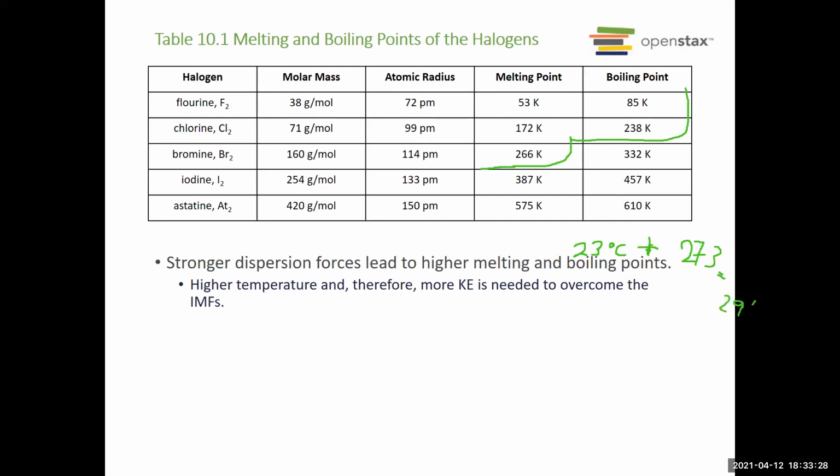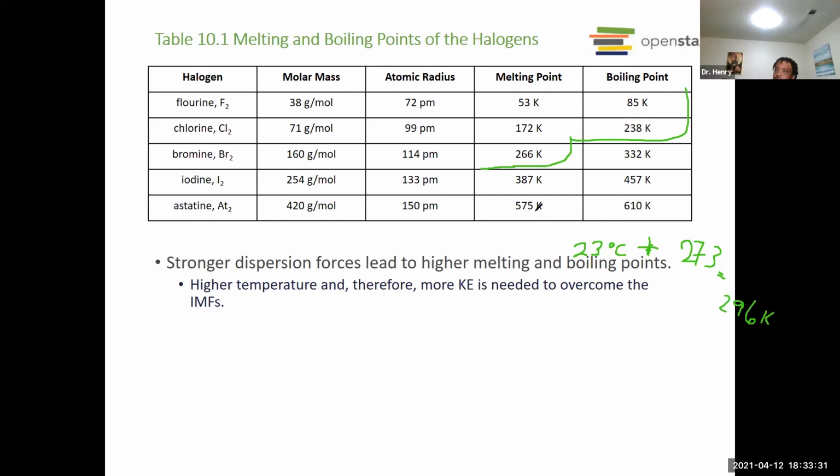296. Okay, so its melting point is 266 degrees Kelvin. So it would melt at 266 degrees Kelvin, and at 332 degrees Kelvin it's going to boil, which basically means it's going to become vapor.